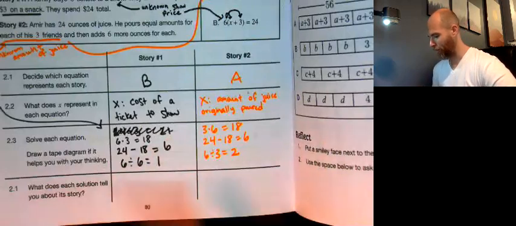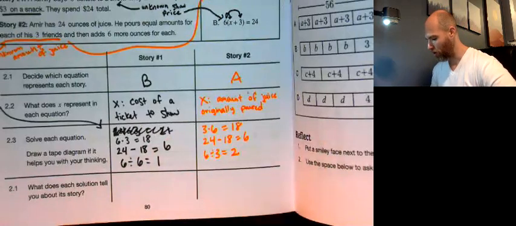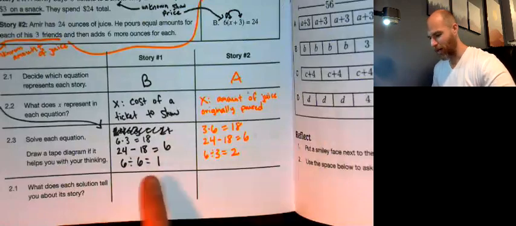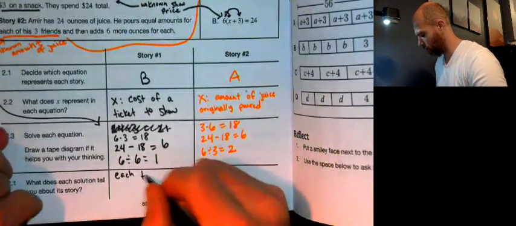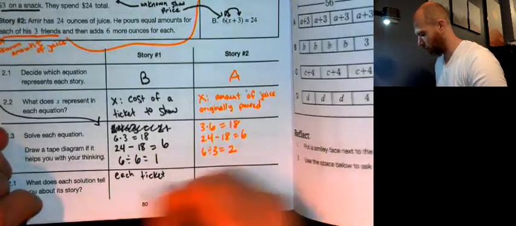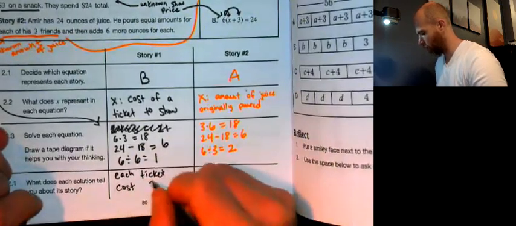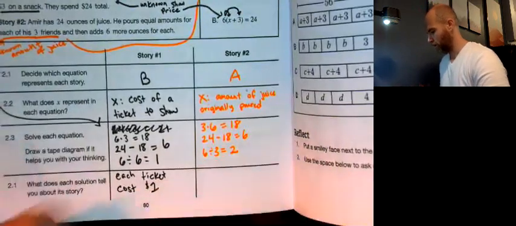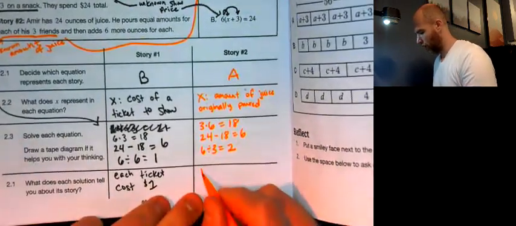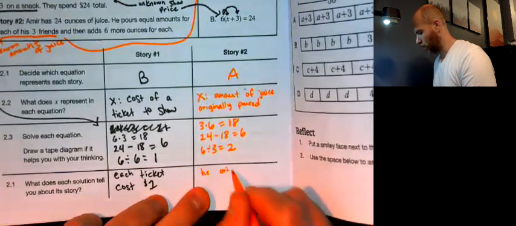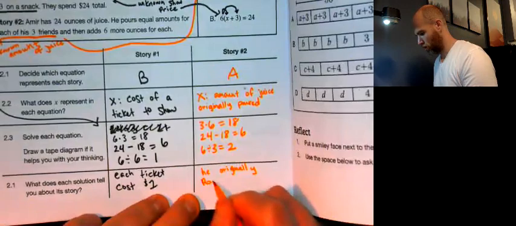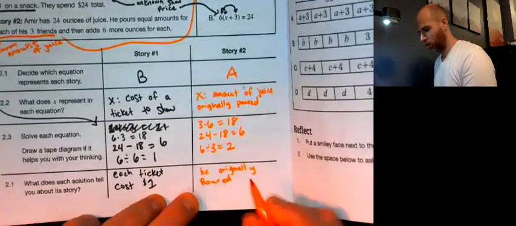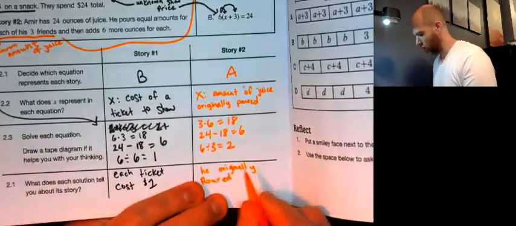Right, but what does the solution tell you about the story for this one? We should say each ticket cost $1. And over here, he originally poured 2 ounces, I guess it would be.